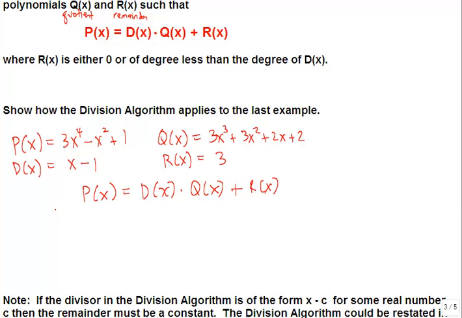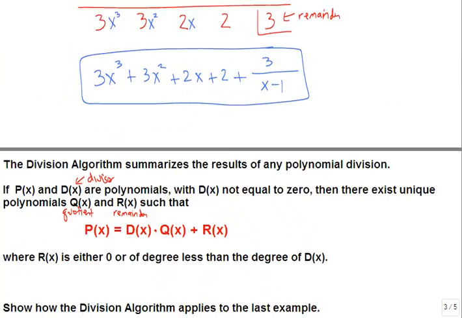So the original polynomial, this p of x, was this 3x to the 4th minus x squared plus 1. And what we're showing is that if you were to take that original divisor, which was x minus 1, and multiply it by your quotient and add back in the remainder, you should get back the original polynomial. So think about that for a moment.